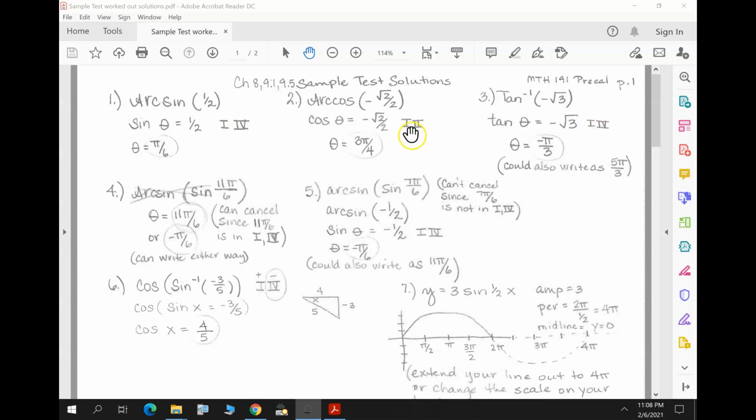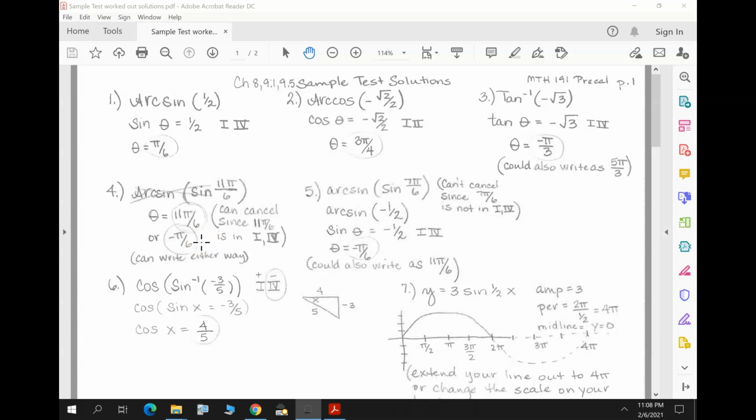Arc cosine is 1 and 2. Because 11 pi/6 is in the fourth quadrant, and that is in the designated region for inverse sine, we can just cancel, and our answer is 11 pi/6 or negative pi/6. You can write it either way, but again, in WebAssign, they're going to want it as negative pi/6.